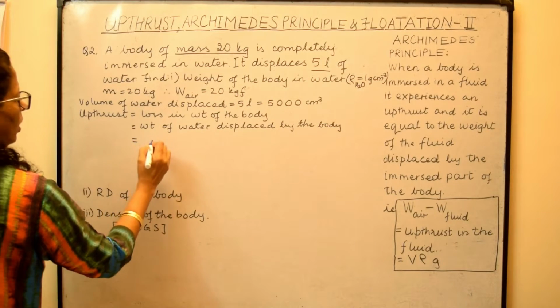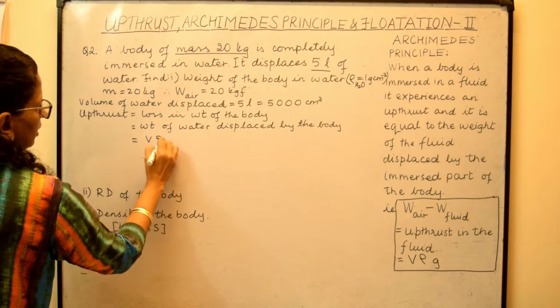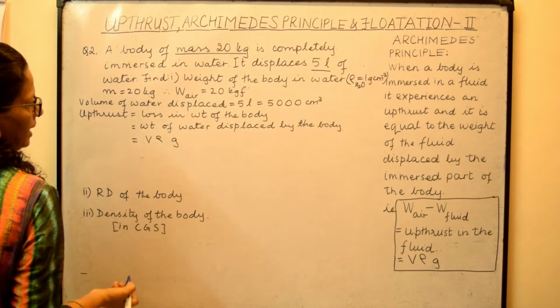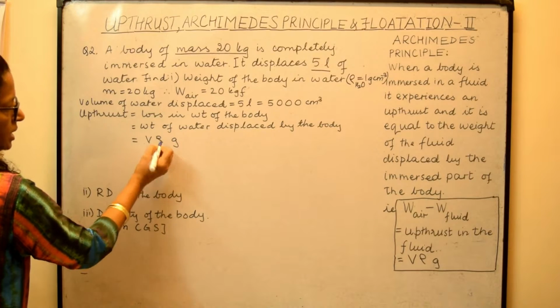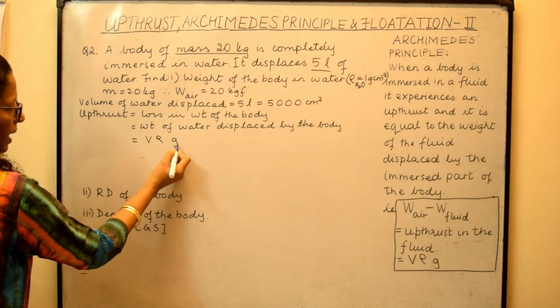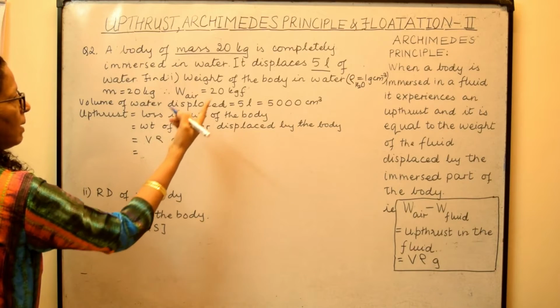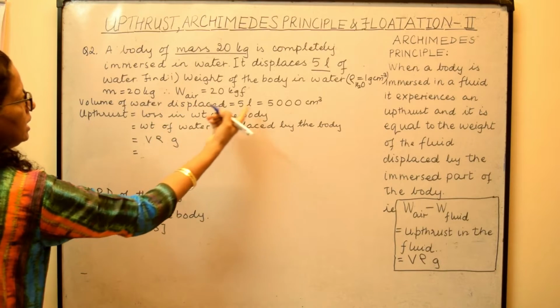Now, weight of the water displaced is going to be V rho G, where it will be volume of the water displaced multiplied by the density of the water multiplied by G. So that will give us volume displaced by the body is 5 liters.